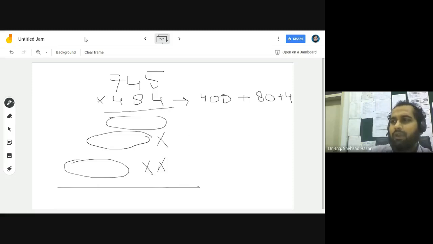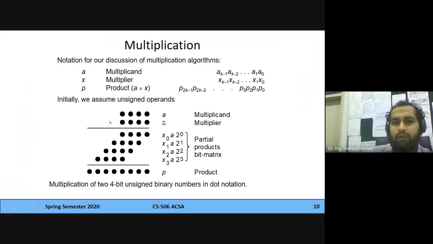So what we are doing is breaking the multiplier into different bits, and each bit represents a different power of that base. So you can replace that multiplication by shifting to the left. This is an easier way to do it.